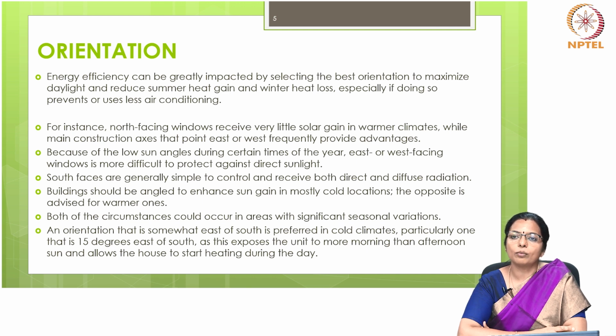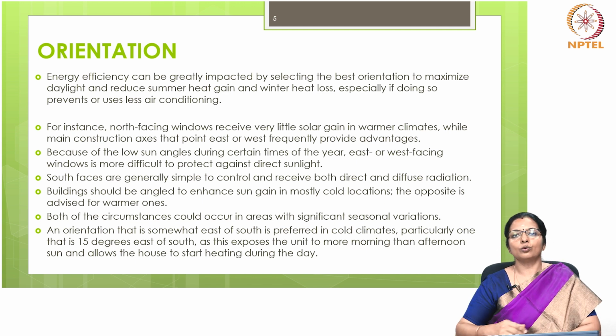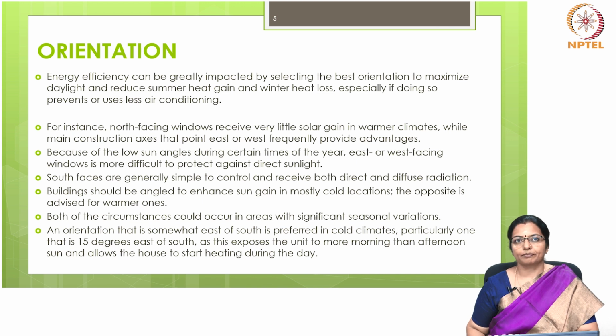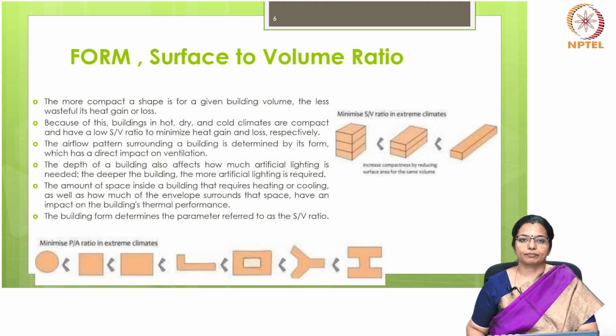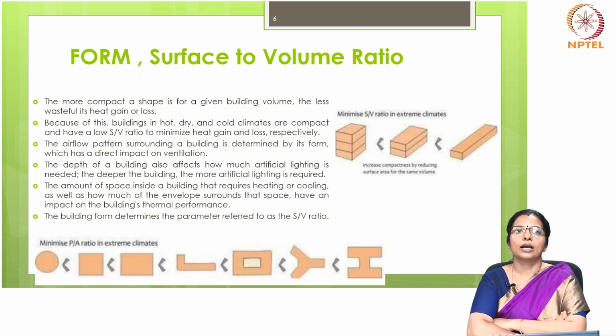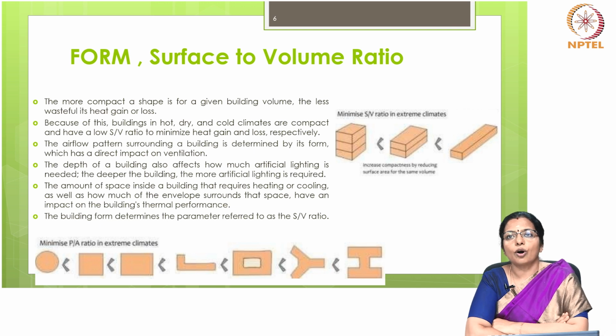The building form determines the volume of space inside a building that needs to be heated or cooled. Thus, more compact the shape, the less wasteful it is in gaining or losing heat. The more compact the shape is for a given building volume, the less wasteful its heat gain or heat loss is.